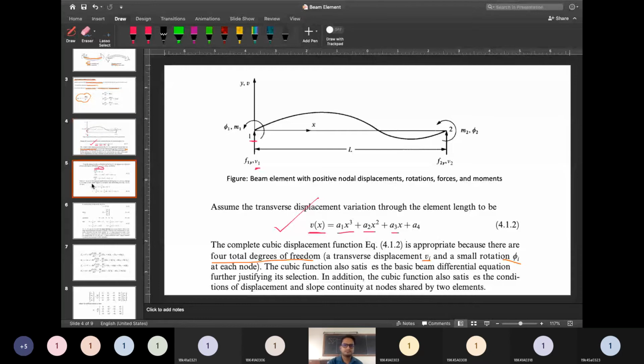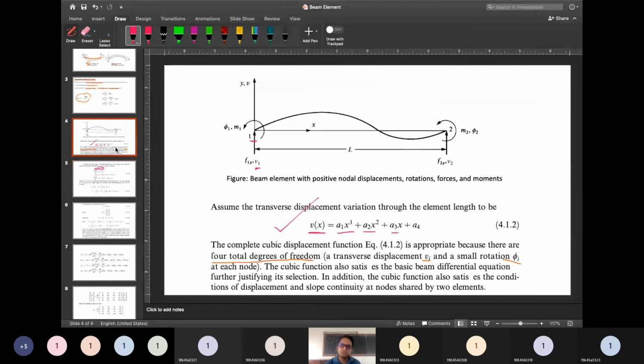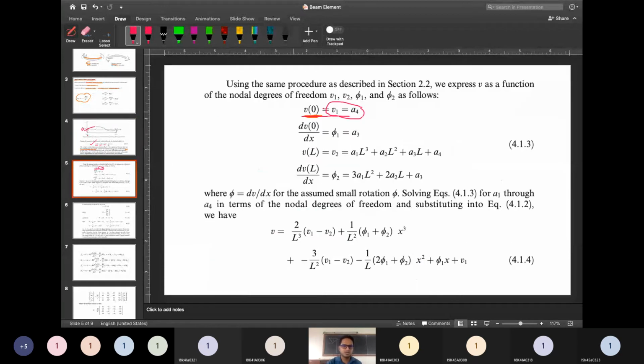Now substitute x equals to 0. dV by dx is nothing but the slope, and that slope is nothing but your phi, that is your rotation. So when you substitute x equals to 0 in that equation, you will get A3 equals to phi1.